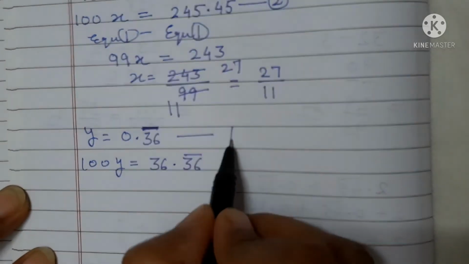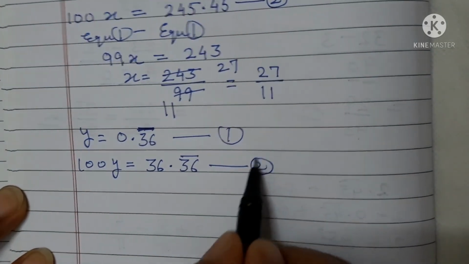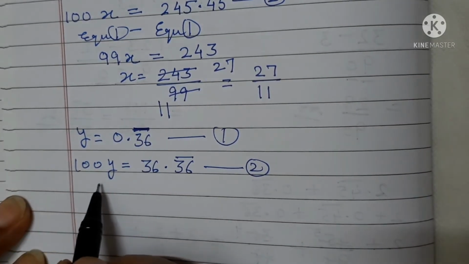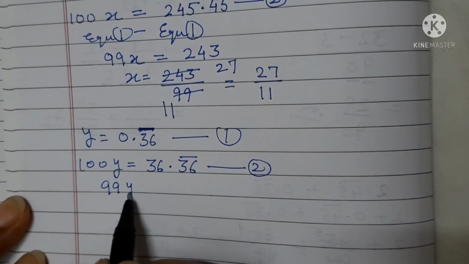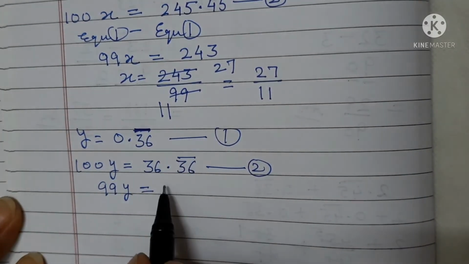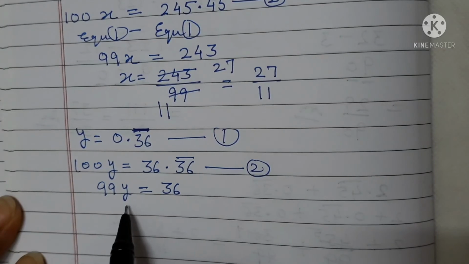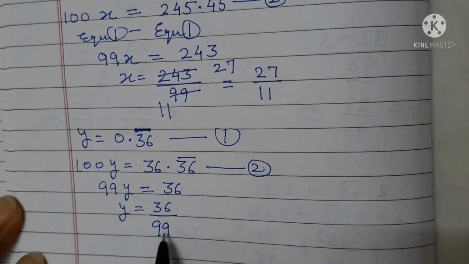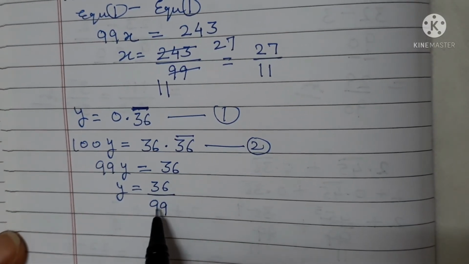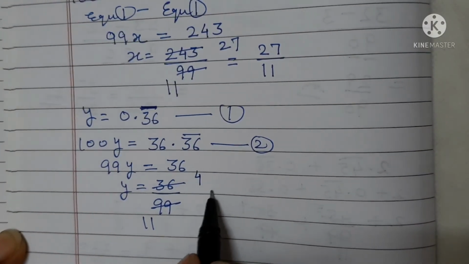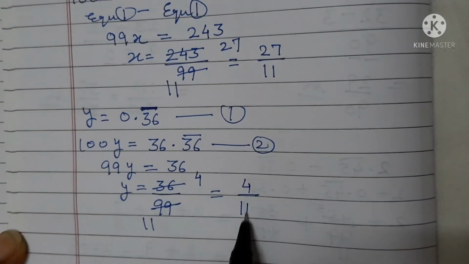This is equation first and equation second. Same here, equation second minus first, you will get 99y is equal to, 0.36 bar will be cancelled, you get 36. y is equal to 36 upon 99. Now simplify it, 9 1 the 9, 9 4 the 36, 4 upon 11.